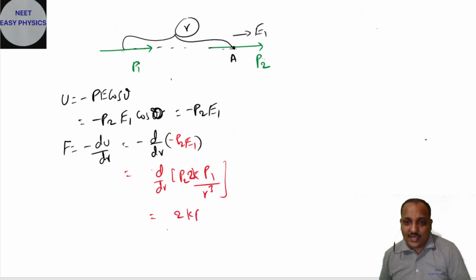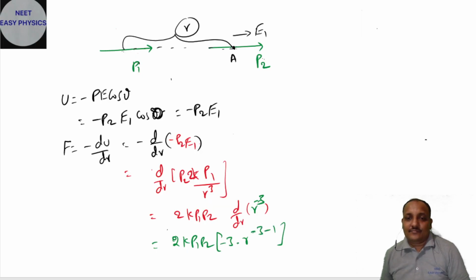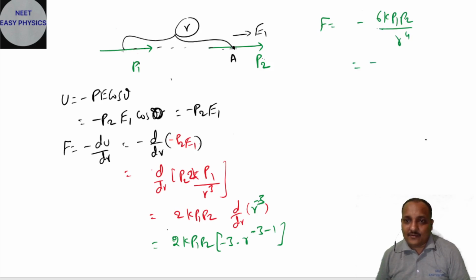So 2K P1 P2 outside, d by dr of r power minus 3. After differentiation, 2K P1 P2 times minus 3 r power minus 3 minus 1. So finally what you are going to get: F is equal to minus 6K P1 P2 by r power 4, that is minus 6 P1 P2 by 4 pi epsilon naught r power 4.